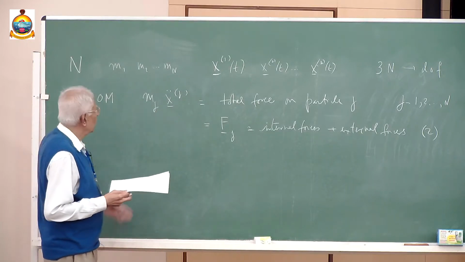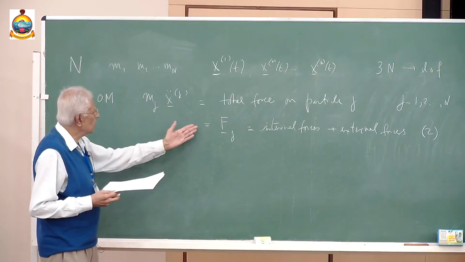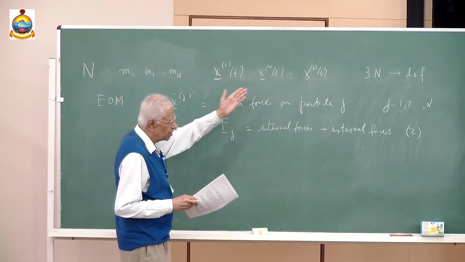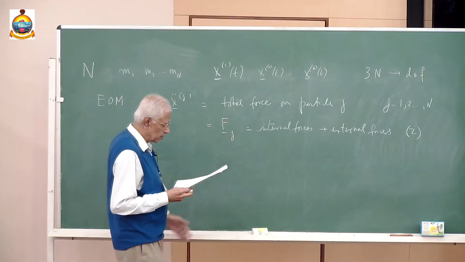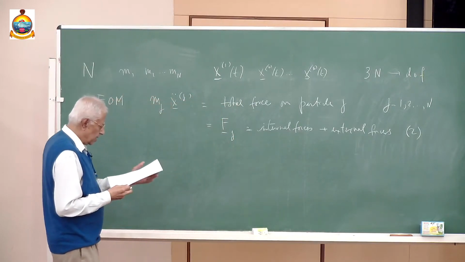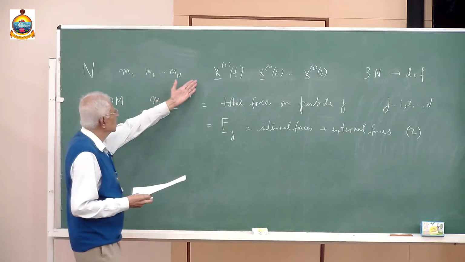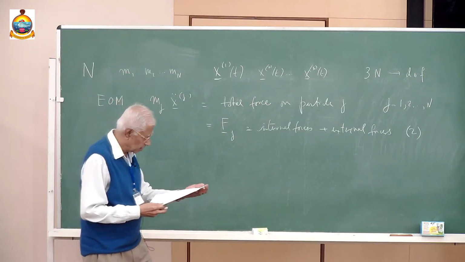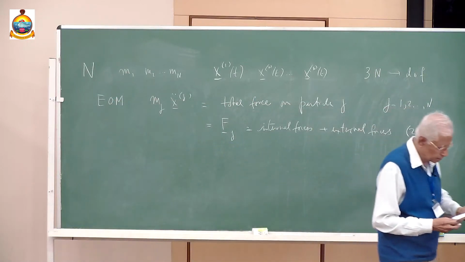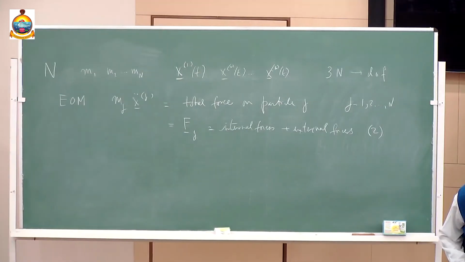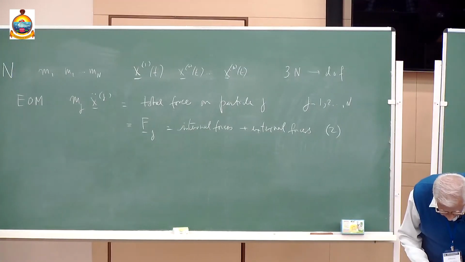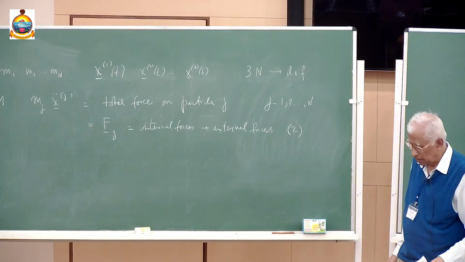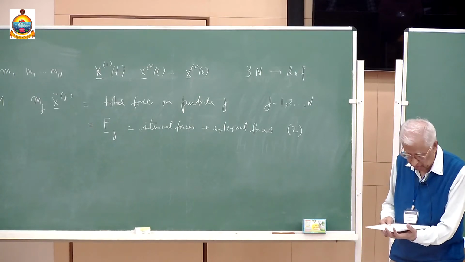And for given initial conditions, which will mean initial positions and initial velocities, if these equations can be solved, then you can predict the positions x of t for all later times in terms of the initial values. Now this is just to set the background for the equations of motion in the Newtonian form.